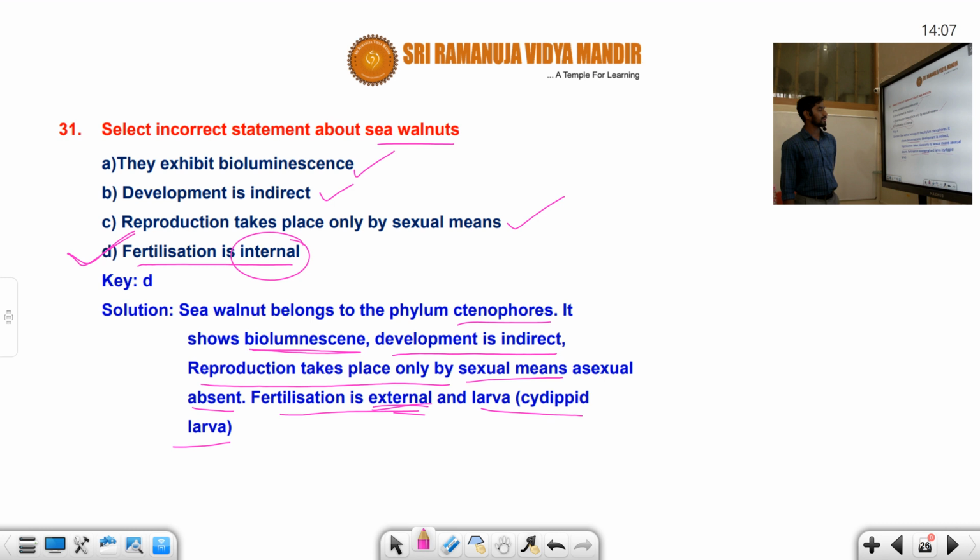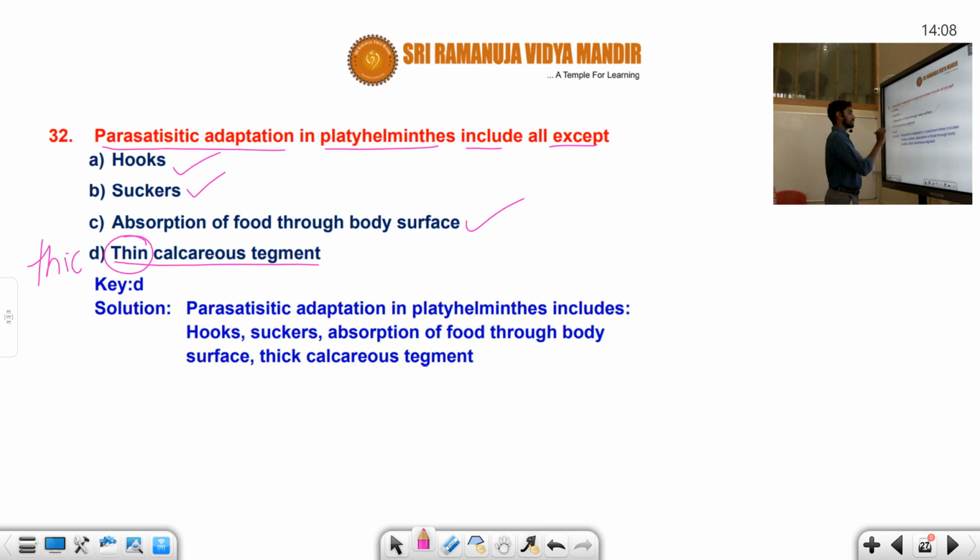But it is given thin calcareous tegument, whereas actually it is not thin, it is thick. So parasitic adaptations in Platyhelminthes include hooks, suckers, absorption of food through body surface, and thick calcareous tegument.